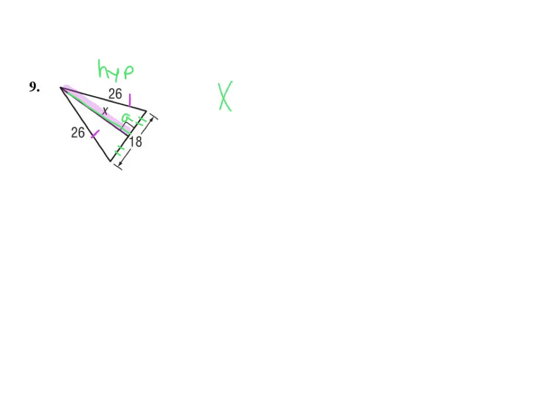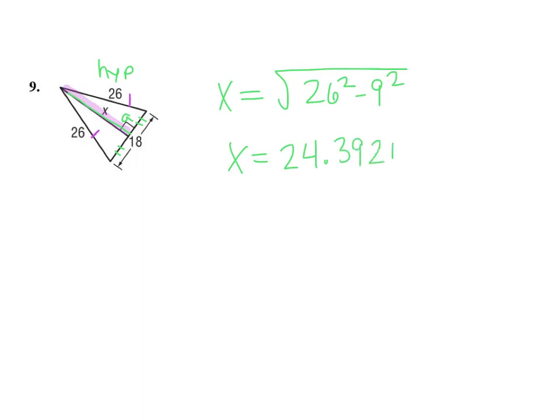So as mentioned earlier, the leg is going to equal the square root of the hypotenuse squared minus the known leg squared. And type it in your calculator. We get x equals 24.3926. Again, if you round to the third decimal spot, x is about 24.393.